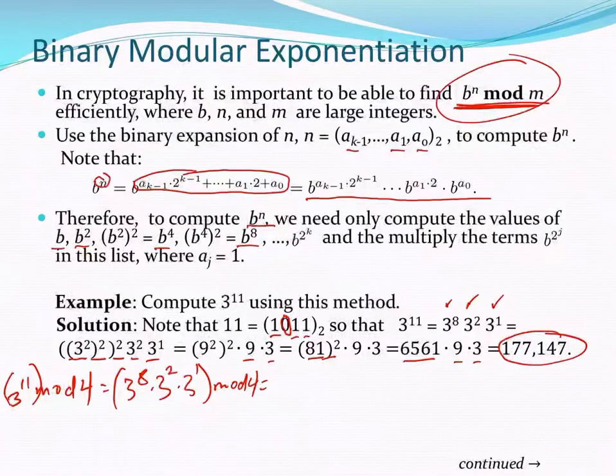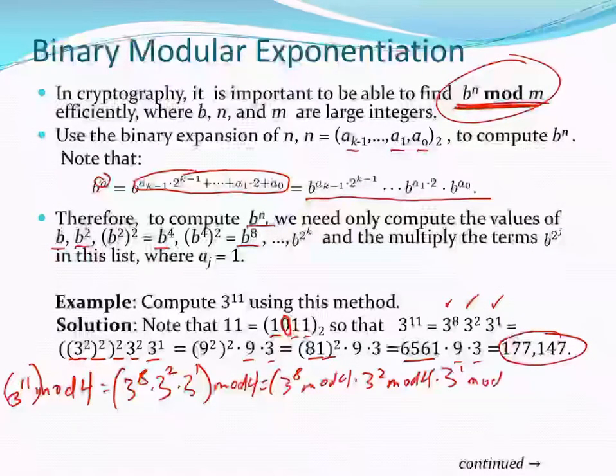And we saw earlier that we can take the modulus with respect to 4 of any factor, any term. So this is going to be equal to 3 to the 8th mod 4 times 3 squared mod 4 times 3 to the 1st mod 4, all mod 4.